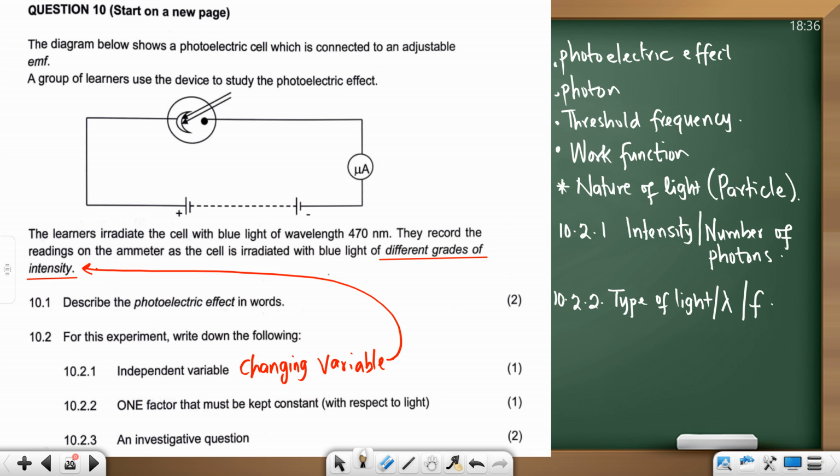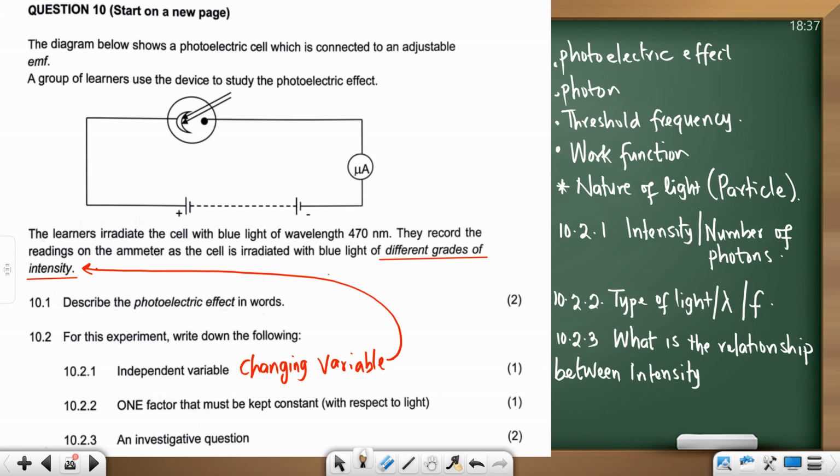What is 10.2.3? Investigative question. I love this question. That's how I like to do mine. What is the relationship between intensity, but what are we measuring? Amount of current.